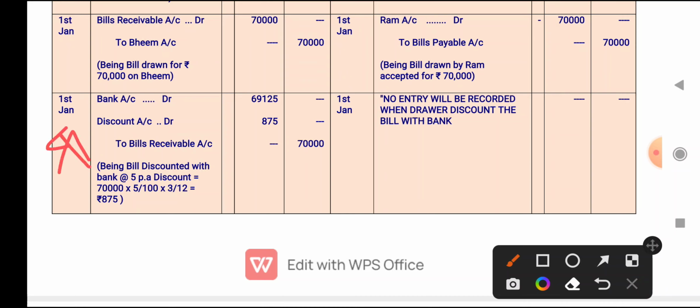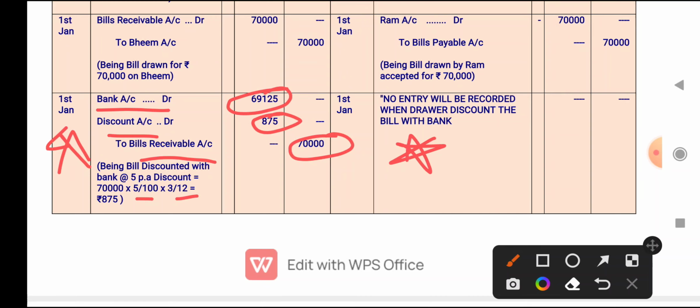Ram has discounted the bill with the bank. So in the books of Ram, bank account debit, discount account debit to bills receivable 70,000, and discount calculated for 5%, 3 months, 875. Remaining is the bank is paying to Ram, so he is receiving 69,125 rupees. Please remember this point.